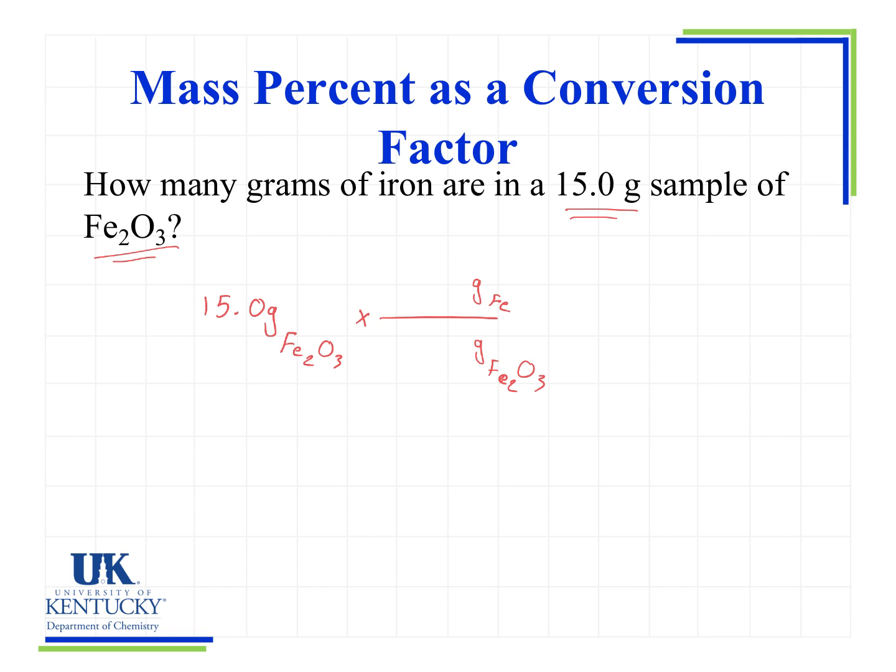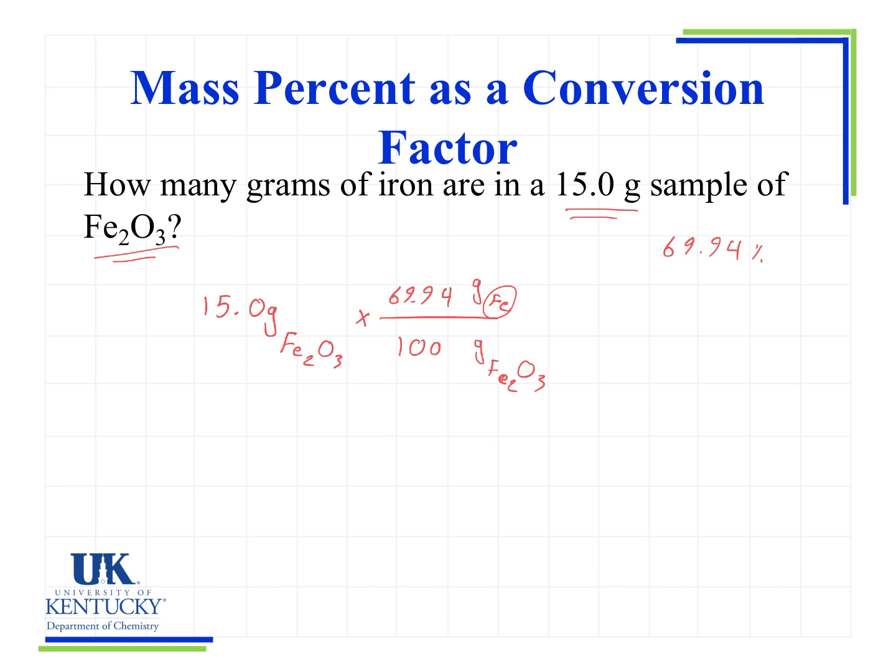And I know from the previous slide that the percent by mass is 69.94%, okay? Which means that if I have 100 gram of Fe2O3, 69.94 gram of that is Fe, okay? So that's a conversion factor because these two are equal, right?